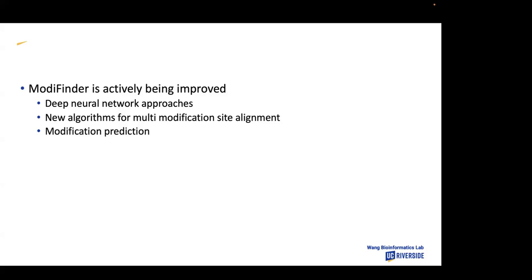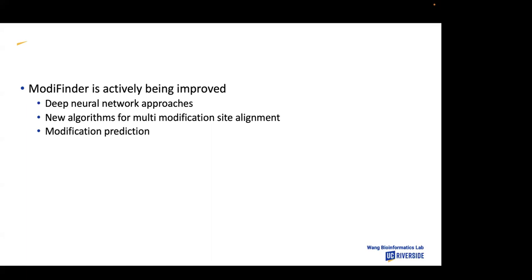One of the drawbacks of the current version of ModiFinder is that it only works on single modification sites. We do have a tool that predicts whether you have a single modification or multiple. And if it's multiple, then it would show you a message that we suspect this is not a single modification, and the current version of ModiFinder is not able to account for that.